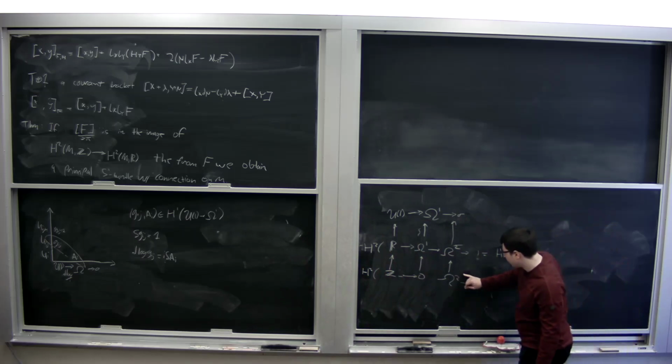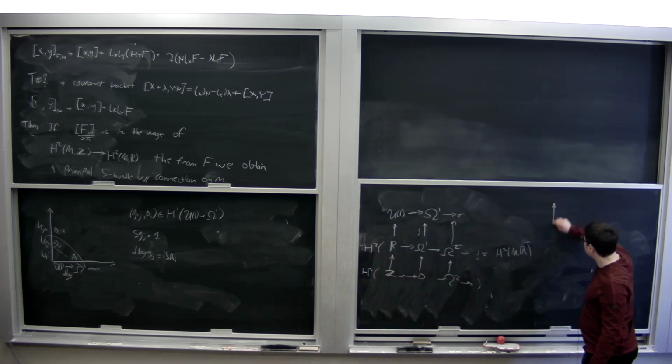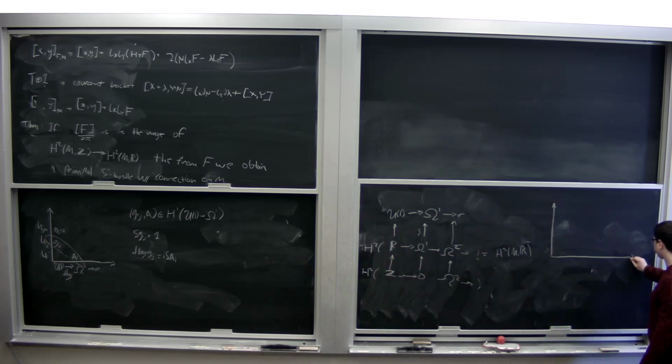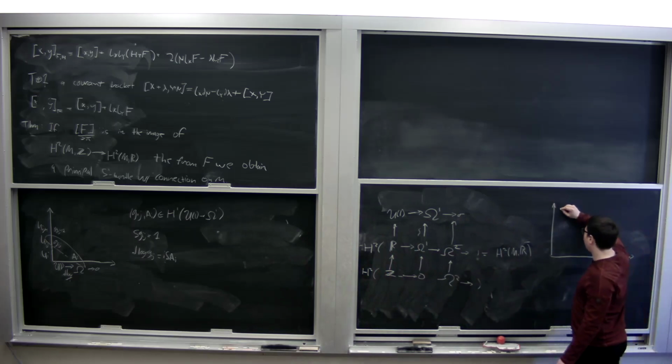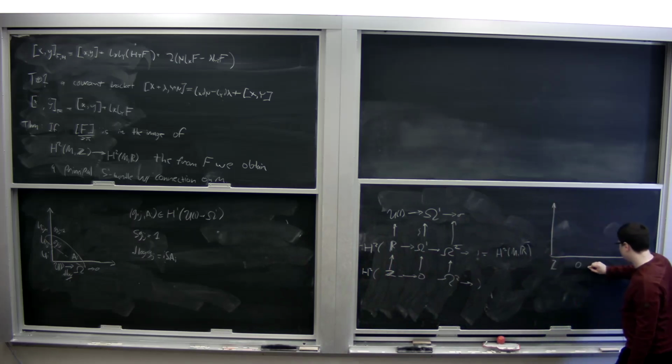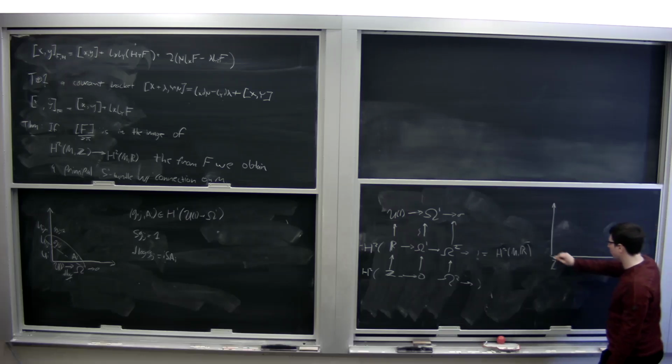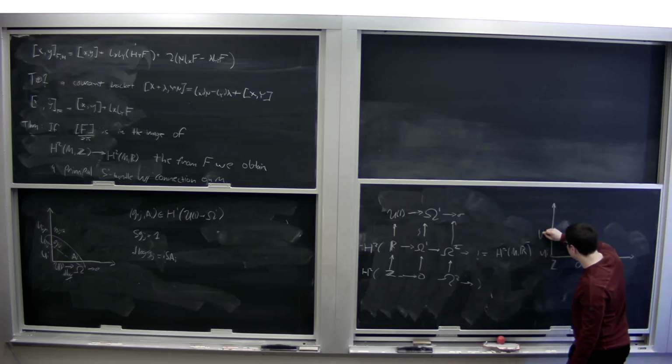If we look at a class in H2 of this, however, it looks a little different. So we have Z, 0, and omega 1, then U_i, U_ij, U_ijk.